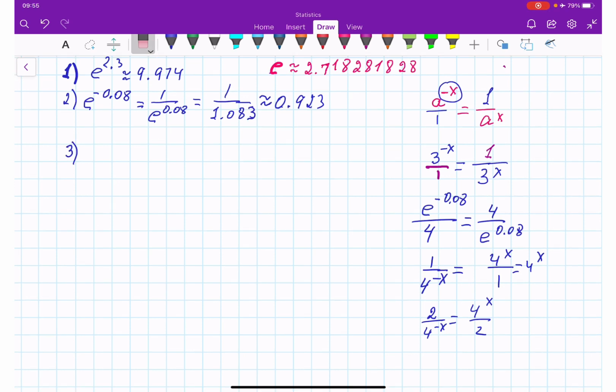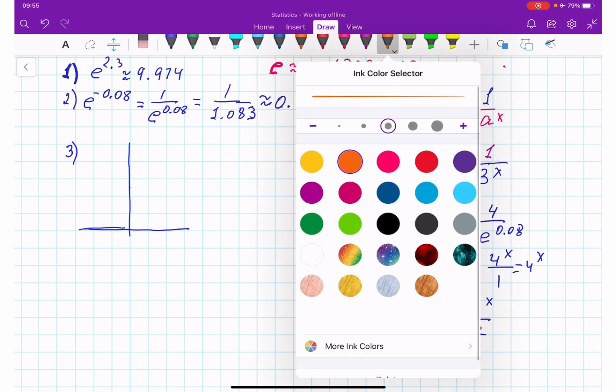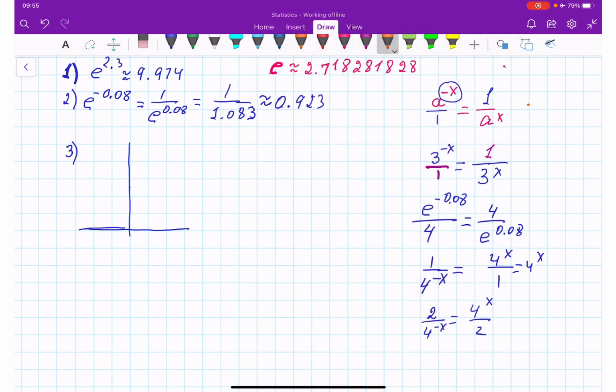Question number 3. We are moving to the exponential function with the graph. Let me see, I have this. Okay, and so 1, 2, 3, 4, 5.